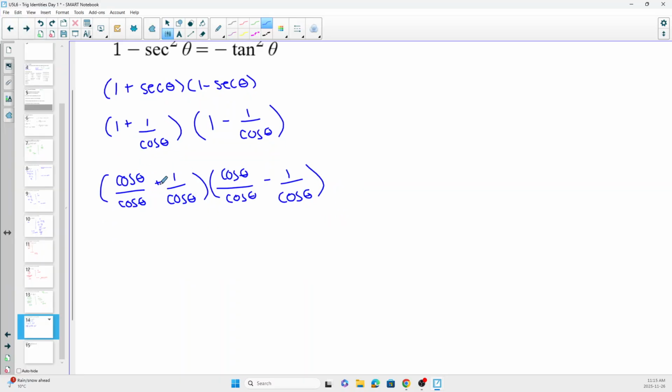We have cos theta over cos theta plus 1 over cos theta. So altogether we have cos theta plus 1 cos thetas. So cos theta plus 1 over cos theta. And over here we have cos theta minus 1 over cos theta.